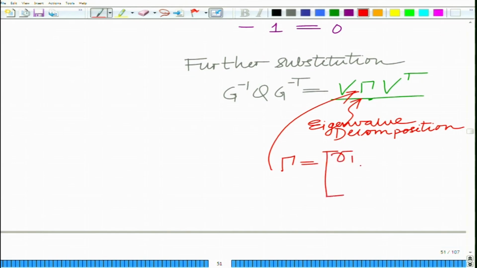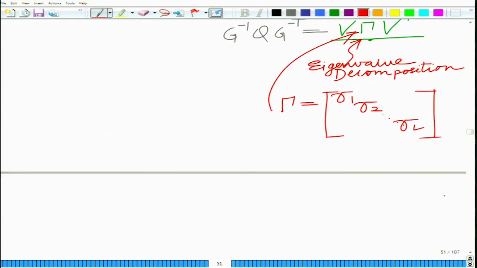And this matrix gamma is the diagonal matrix of eigenvalues. So, this will be gamma 1, gamma 2, and so on up to gamma L, a diagonal matrix of eigenvalues.